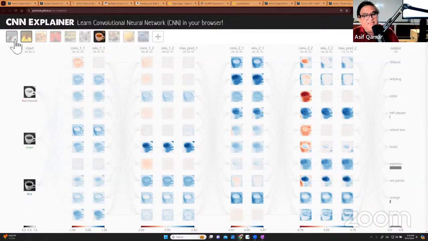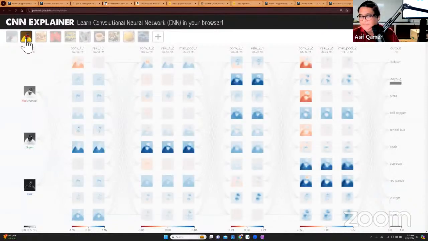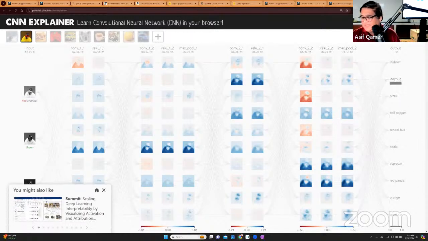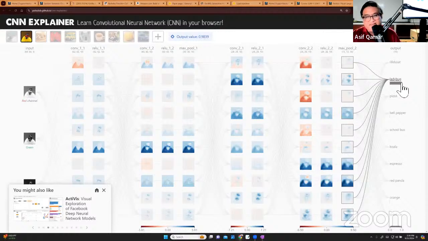So let's take something, boat or ladybug. Let's read it backwards. You notice that it is saying the probability of ladybird. If you see the scale at the bottom right, the scale is from 0 to 1. This network is very sure that this is a ladybug, isn't it? It's not saying it is something else.